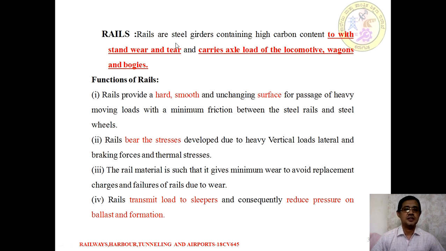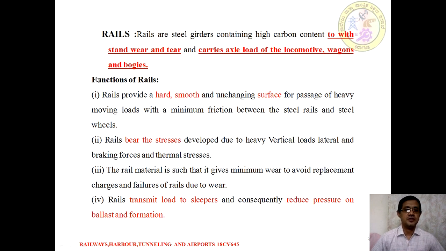These steel structures, which are placed over the sleepers, withstand wear and tear caused by the moving wheel. Then they carry the axial load and transmit it to the subgrade. So, this is called a rail.